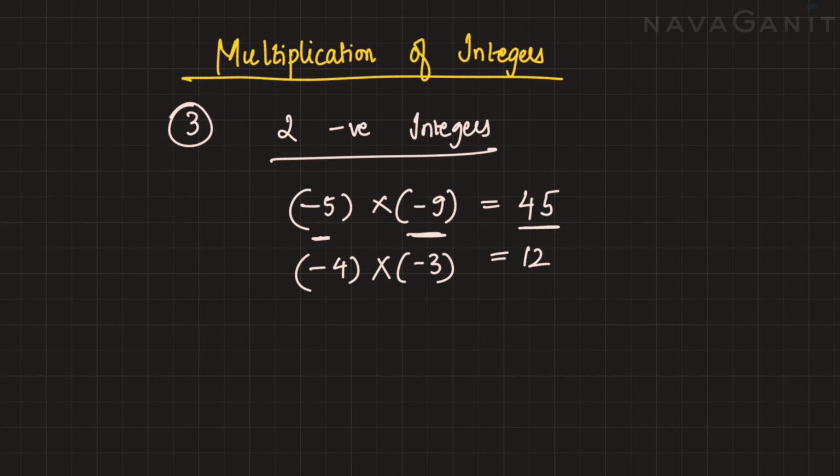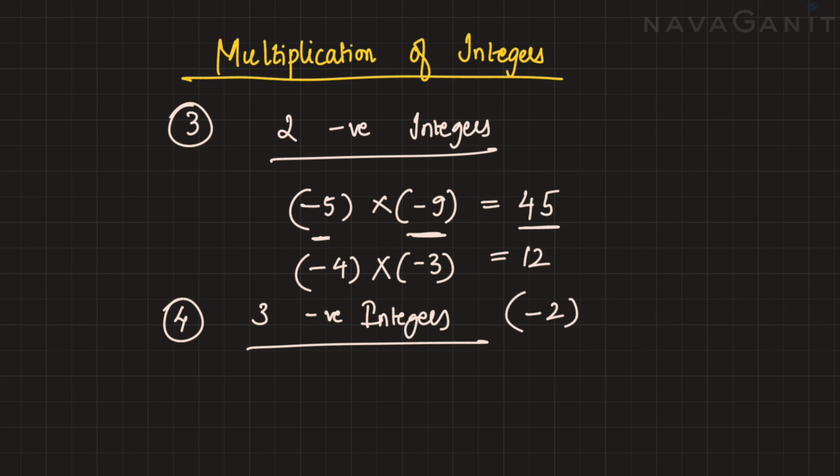Now extrapolating this further, what will happen if we are multiplying three negative integers? Say we have minus 2 multiplied by minus 3 multiplied by minus 4. In this case, the product of minus 2 and minus 3 would be 6, multiplied by minus 4 gives us minus 24.